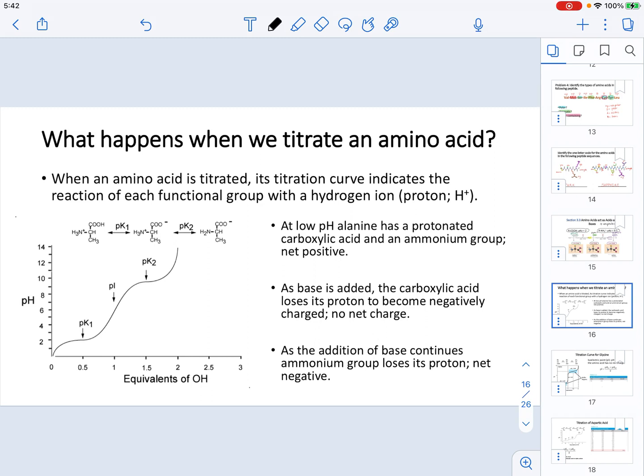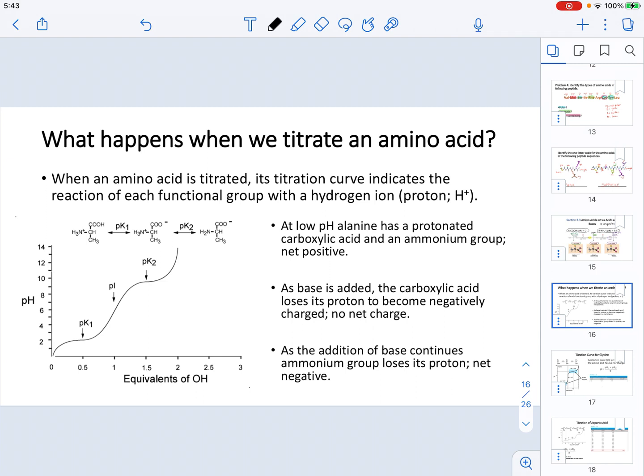When an amino acid is titrated, of course, there's going to be the resulting curve, which is a titration curve. And in that titration curve, we are going to see specifically how the reaction of the functional groups that are going to be donating protons are going to be changing overall in this titration.